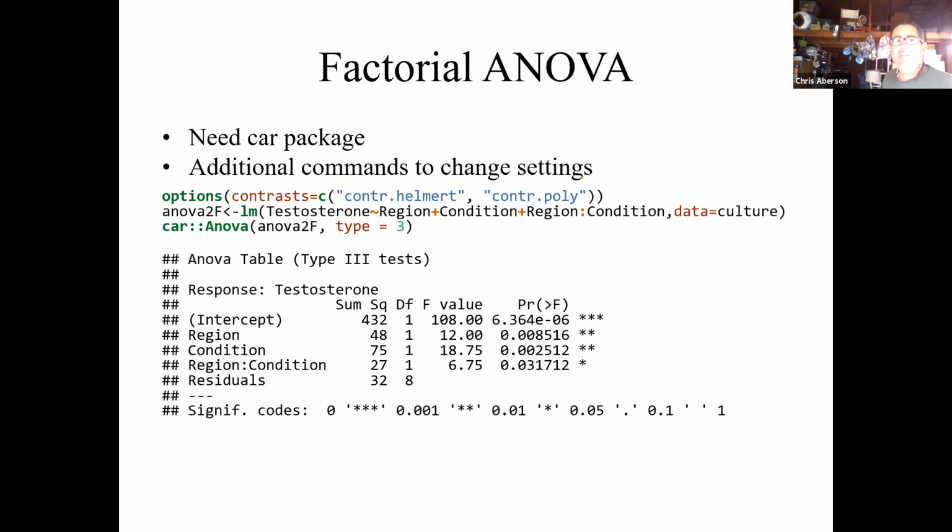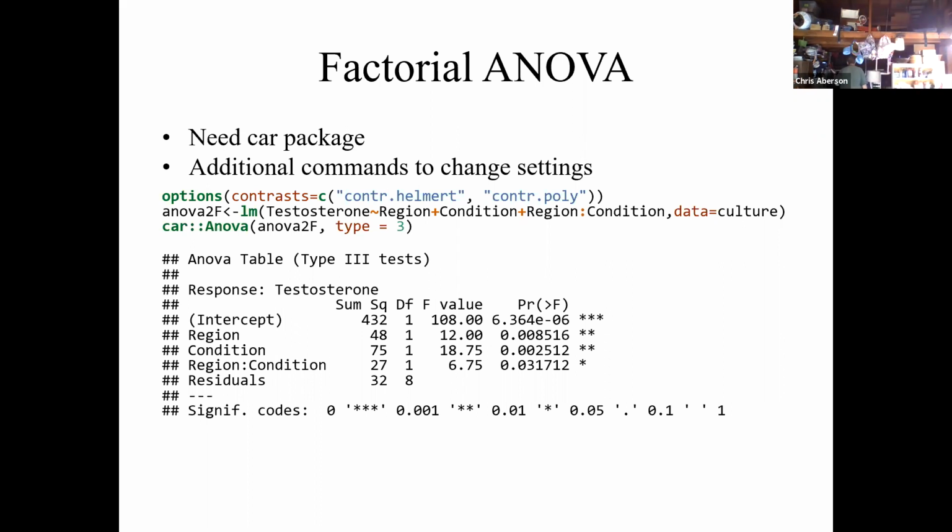I again use the lm command. I'm using the lm command here to run an analysis. I have region plus condition plus region colon condition is how I add in the interaction. And you can see I had comma the data file name there to indicate what the data is. And then the car package, I need a specific command called the Anova command that I'm going to run on this object, and I'm going to ask for what are called type 3 sums of squares.